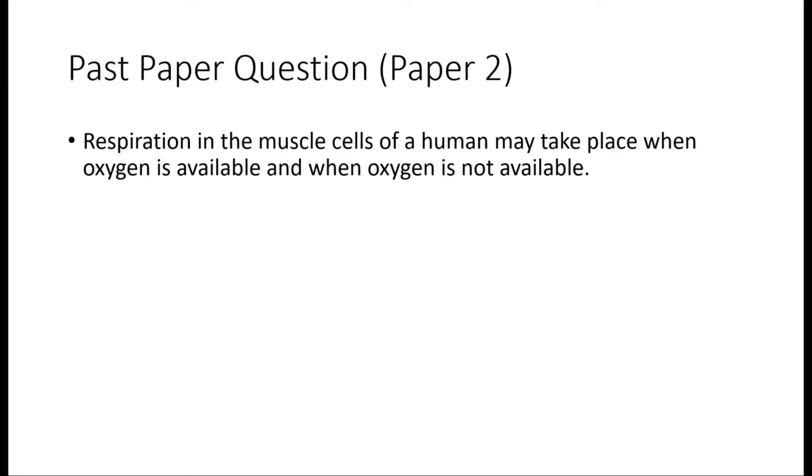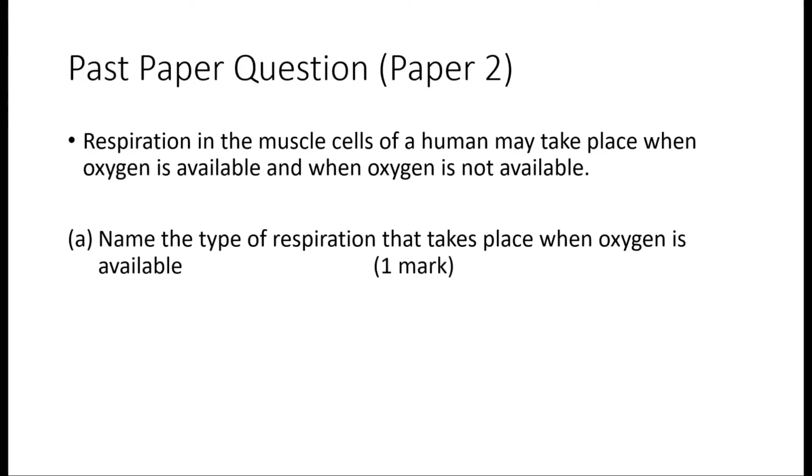Let's talk about a related past paper question. This is from P2. It says that respiration in the muscle cells of a human may take place when oxygen is available and when oxygen is not available. So the question is, for 1 mark, to name the type of respiration that takes place when oxygen is available.